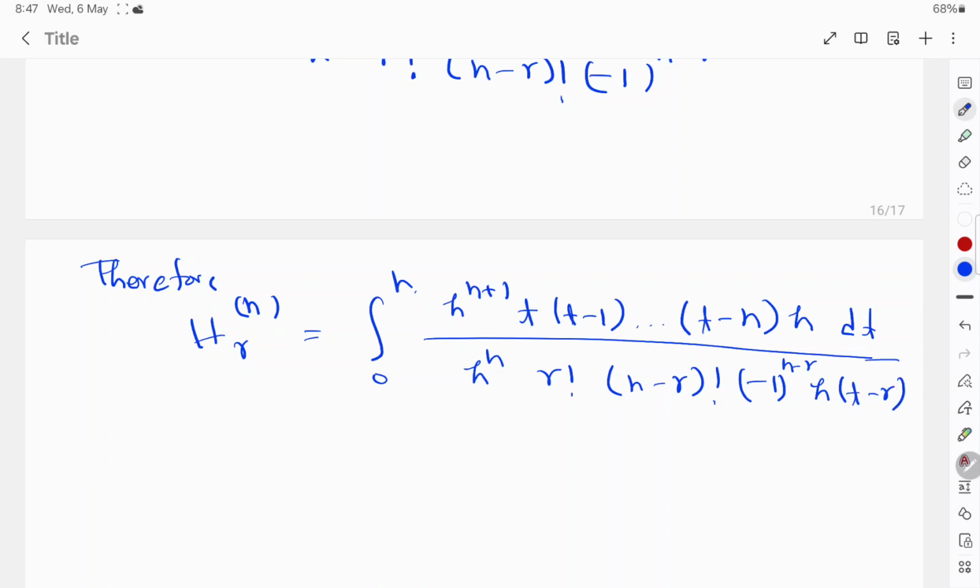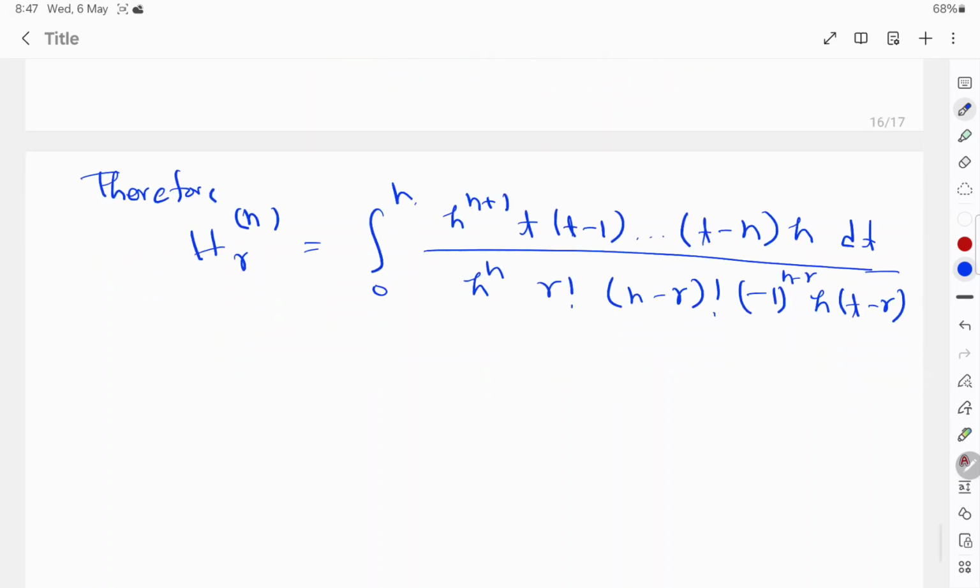Okay, have a look, carefully substitute each term. Okay, so which term is independent of t? I am taking that outside the integration. You see, if you cancel this, only h remains, right?